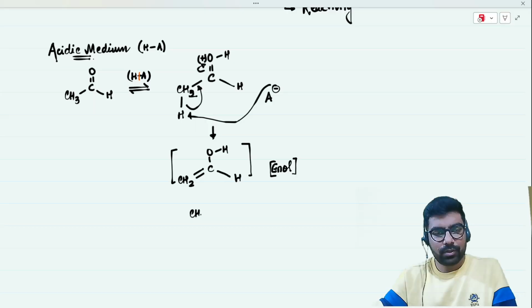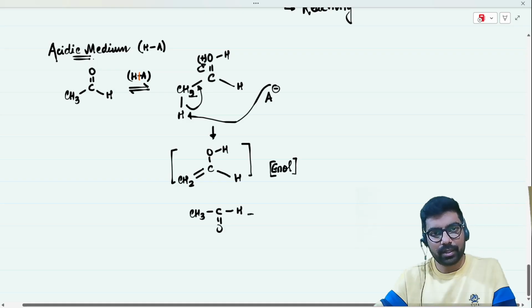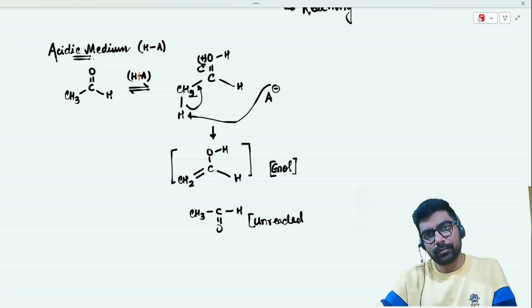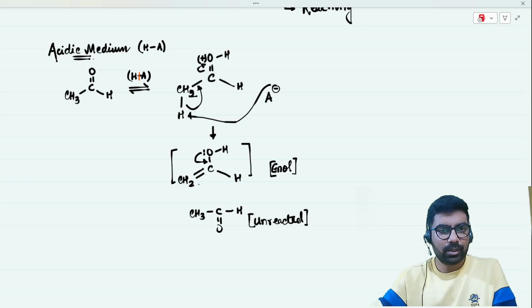Unreacted molecule CH3, C double bond OH. These are the unreacted. Oxygen has a lone pair, so this will push up, this bond will attack this carbon, and what we'll have? We have something like this.